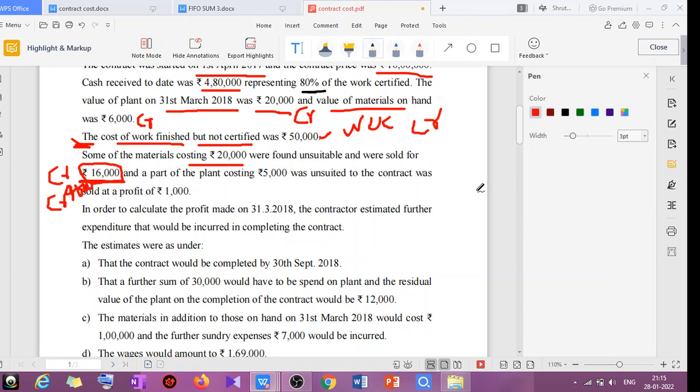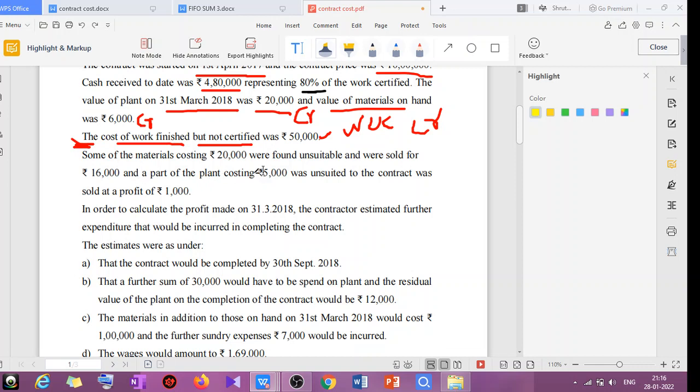Please write it under working note. That is regarding material: 20,000 minus 16,000 will be 4,000. 16,000 in the credit side of the contract and 4,000 in the credit side of the contract, that is by loss on sale of material. I hope it is clear to you till here.